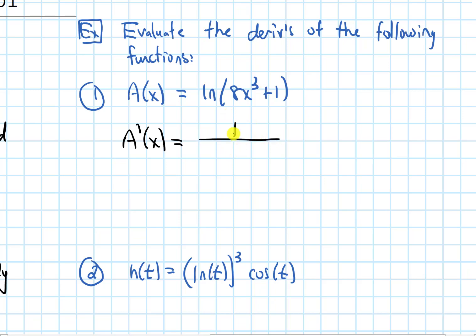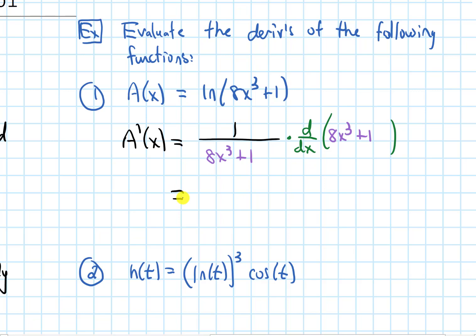But don't plug in x, plug in the same stuff that's inside, the 8x to the third plus 1. And then multiply by the derivative of that inside stuff. Or as we saw in our general rule, the derivative of ln of some stuff is 1 over that stuff times the derivative of that stuff.